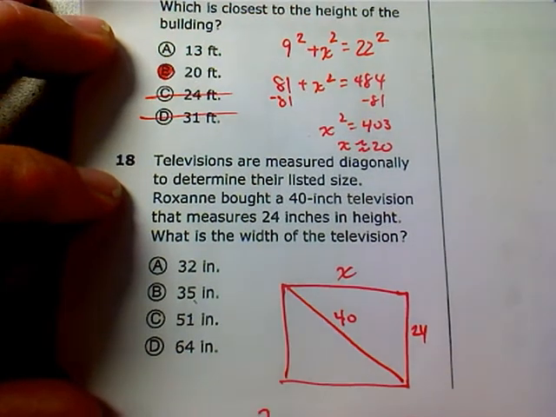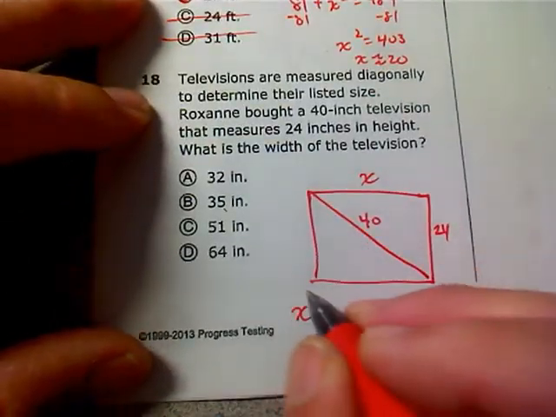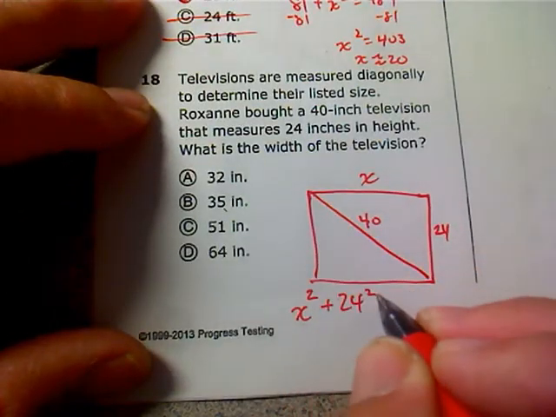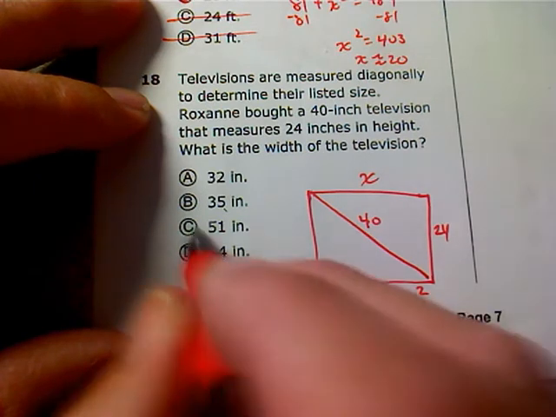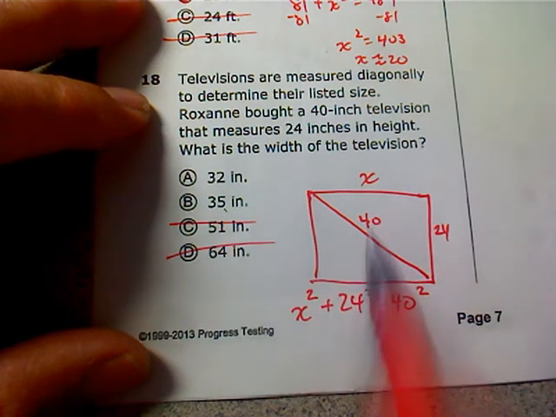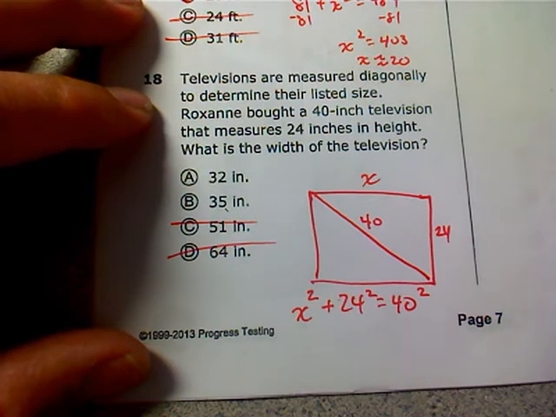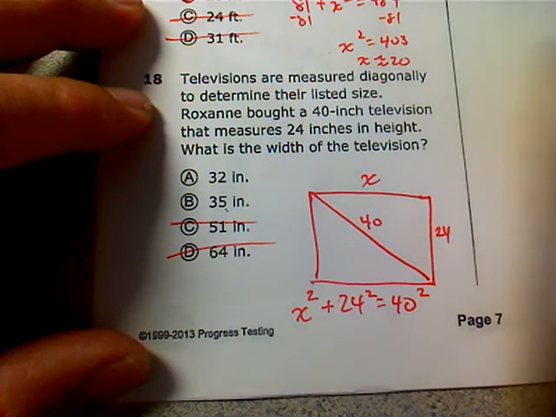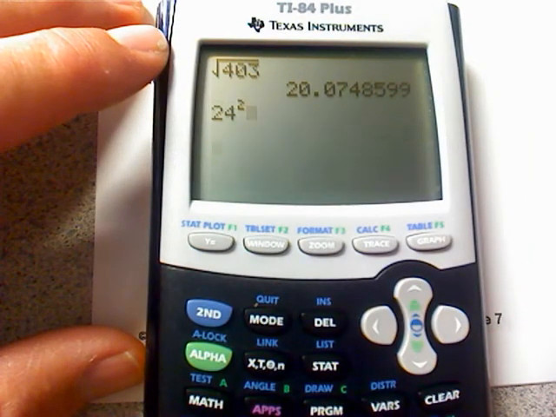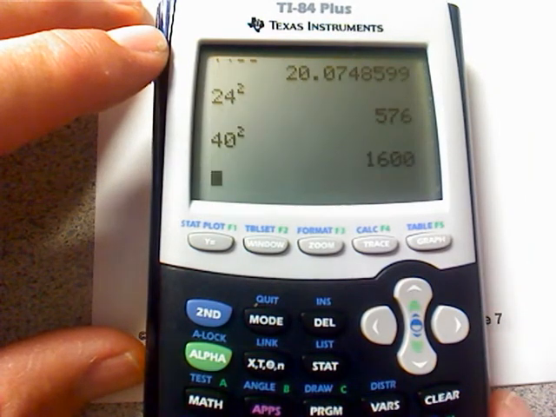Again, Pythagorean theorem. X squared plus 24 squared equals 40 squared. I know it can't be those because 40 has to be the longest side on that. So 24 squared, 40 squared.